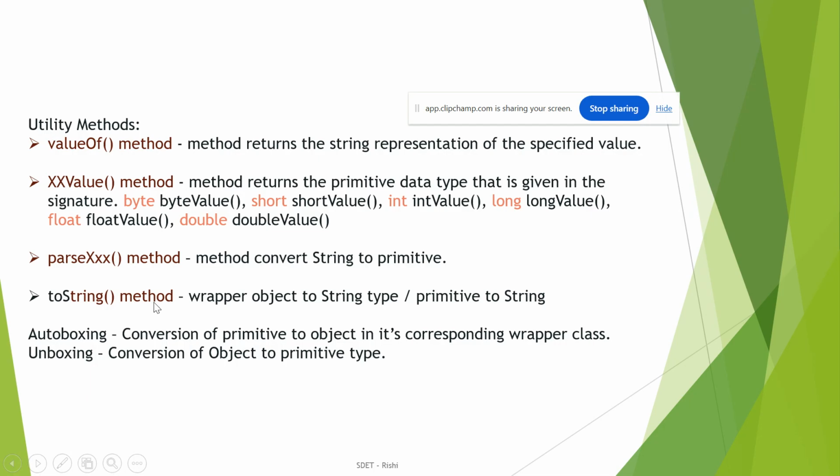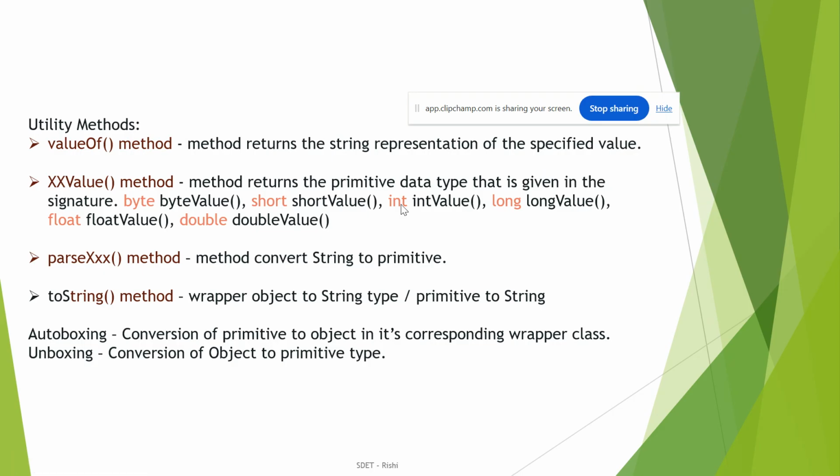Autoboxing is when we convert a primitive to an object. These are primitives: int, long, short, byte, whatever it is. If I want to convert these primitives into their corresponding wrapper class object, that is nothing but autoboxing. So we can convert int to Integer type, or we can also convert int to Double type.